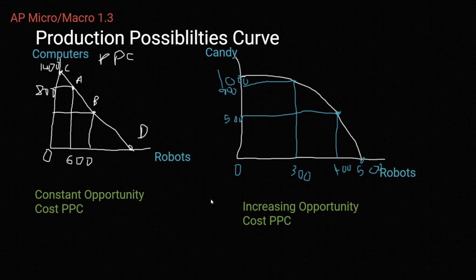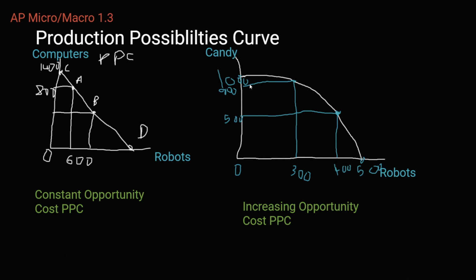We have the two different PPCs, constant opportunity cost and increasing opportunity cost. This is the one you're going to see more often because this introduces the idea of specialization.